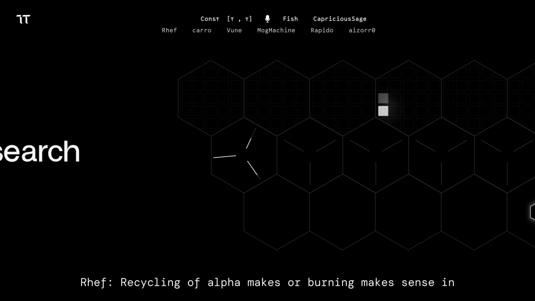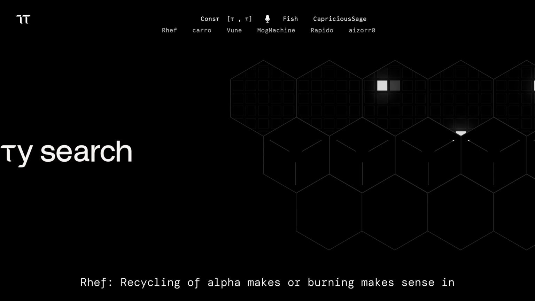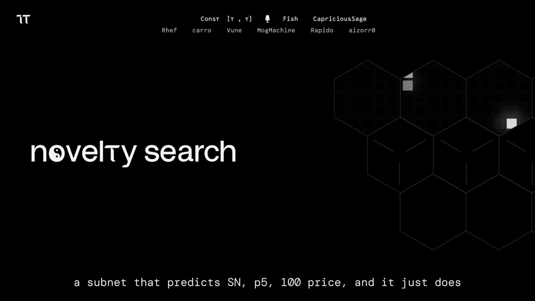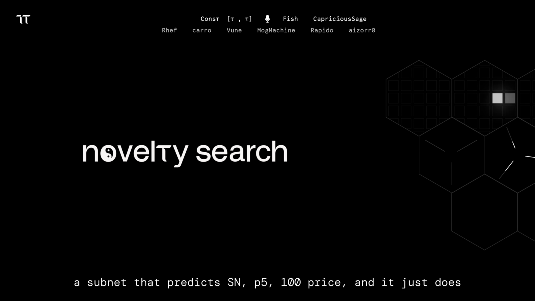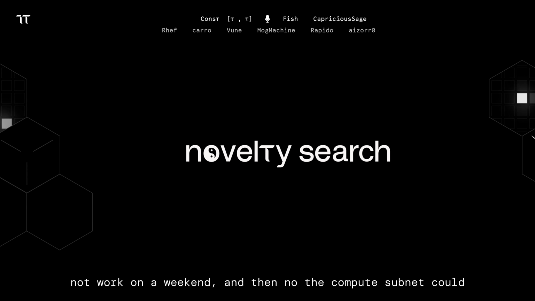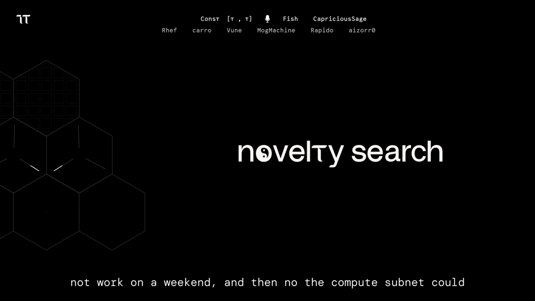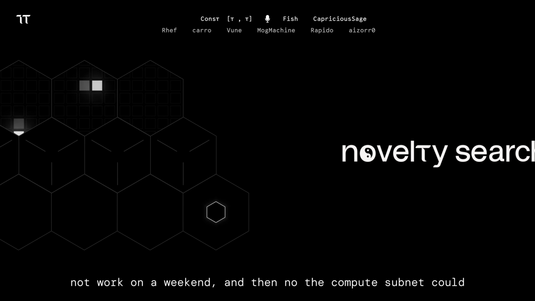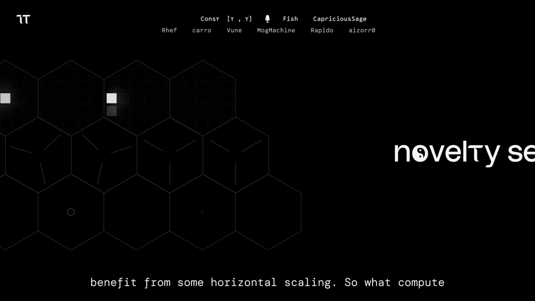Recycling of alpha or burning makes sense in some subnets which cannot operate at some times. There is a subnet that predicts S&P 500 price, and it just does not work on the weekend. And the compute subnets could benefit from some horizontal scaling.